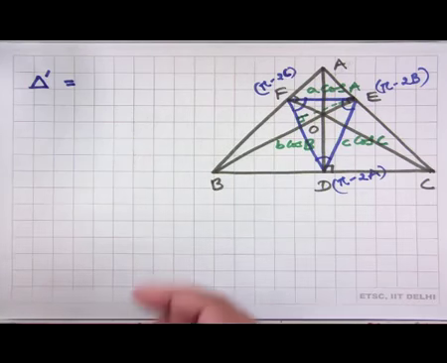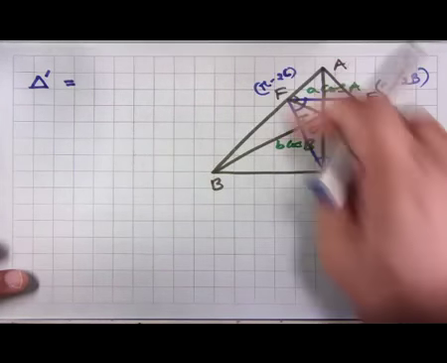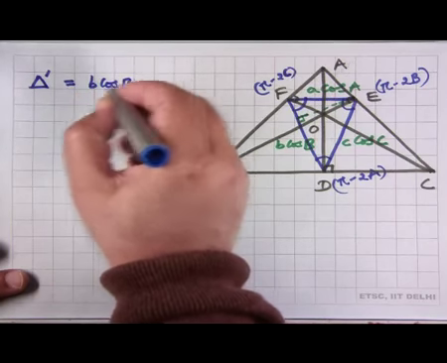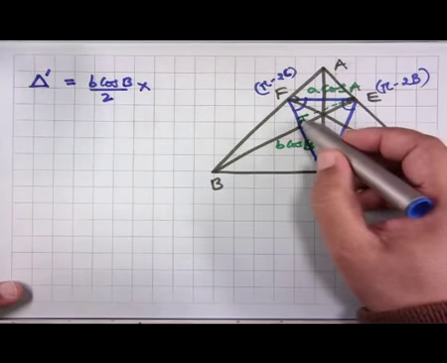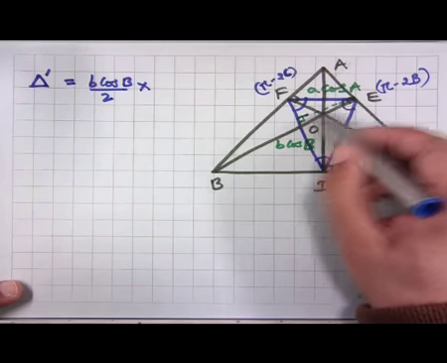Therefore, the area delta prime will be given by half times this base, so half times b cos B times the length of this perpendicular in the green dotted line.